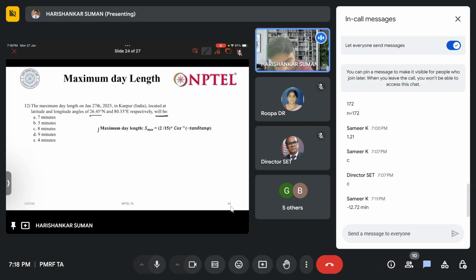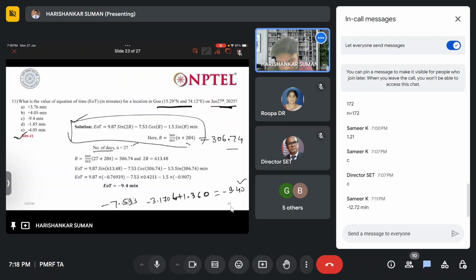You can use this expression: maximum day length equals 2 by 15 multiplied by cos inverse of minus tan delta tan phi. What is delta? This is the declination angle. So how can you calculate? We have already calculated in the previous slide.